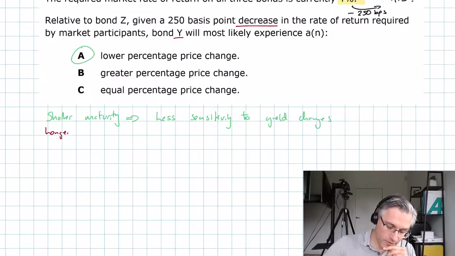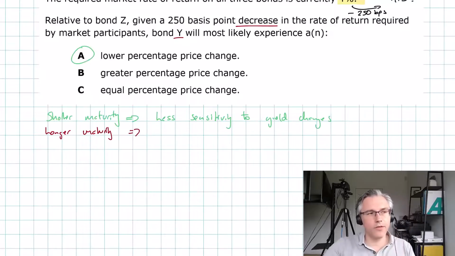In fact, longer maturity bonds can be extremely volatile in response to what happens to yields, so interest rates in the market, which is why if you want to speculate and make money on interest rate changes, use long-term bonds to take either long or short positions. That's what hedge fund managers often do. But if you're somebody who doesn't want exposure to a lot of interest rate risk, hold shorter term securities, which do not fluctuate so much.